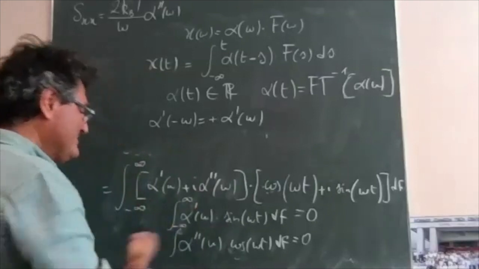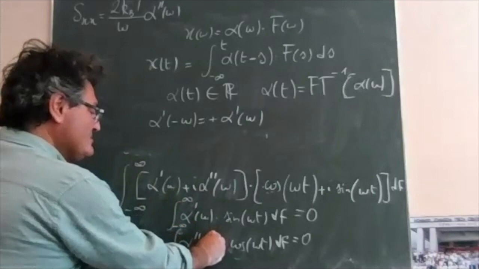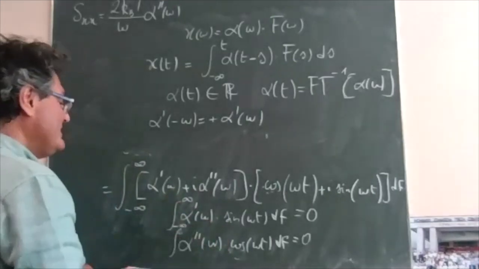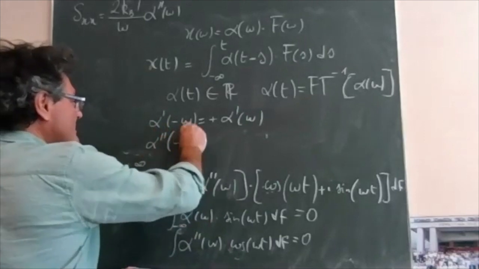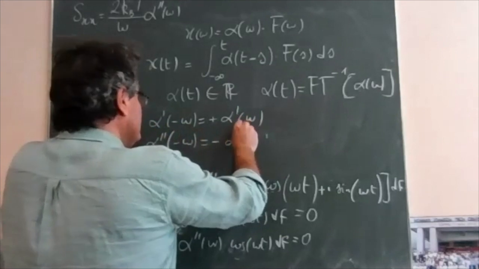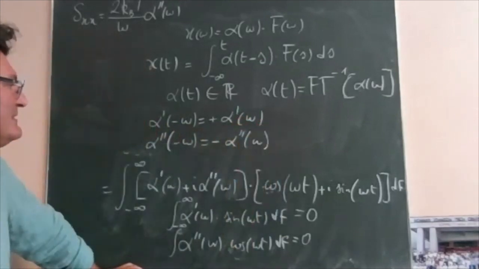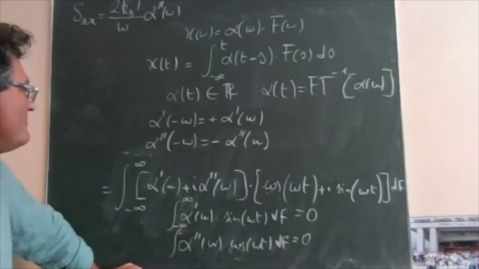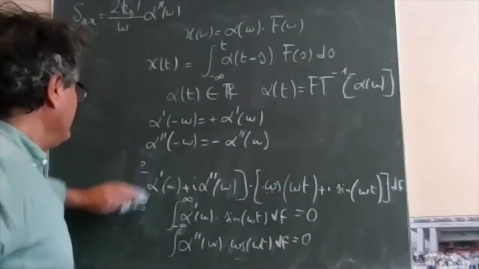And the other one, which matters most to us, is the consideration on alpha second: alpha second of minus omega must be an odd function.